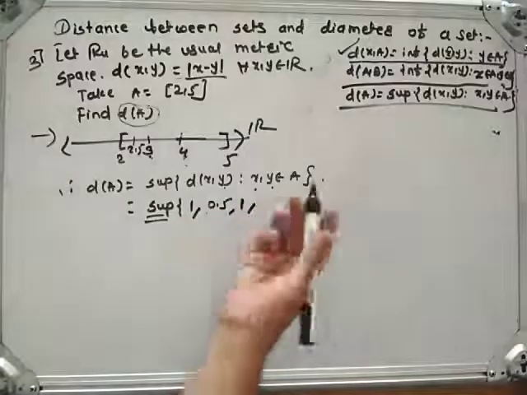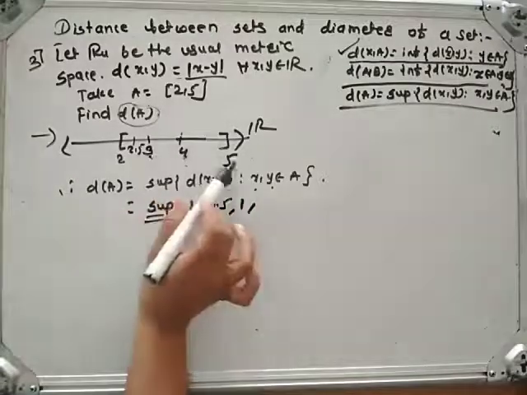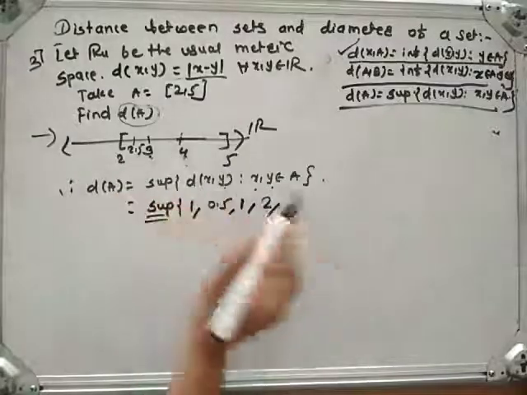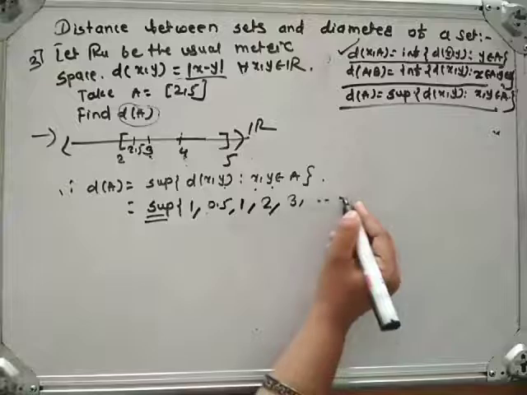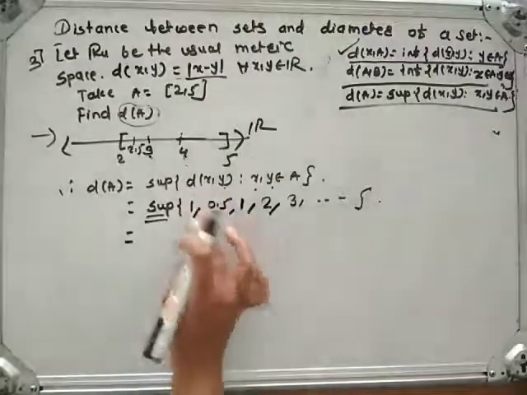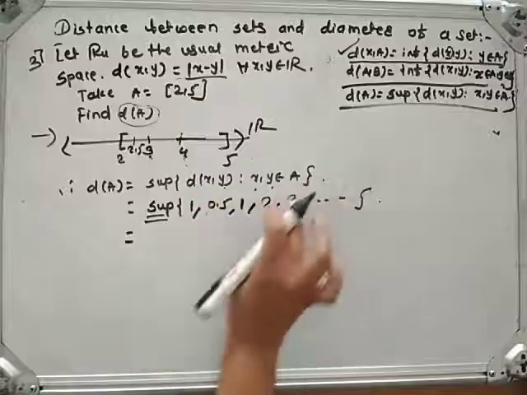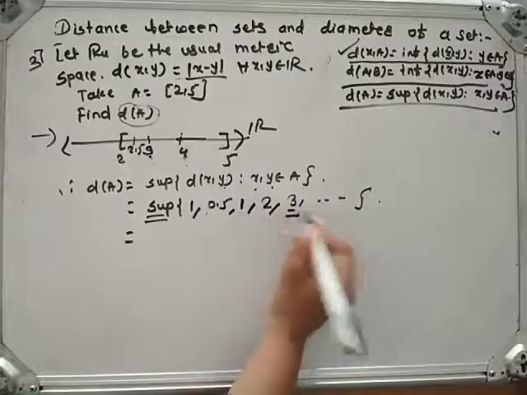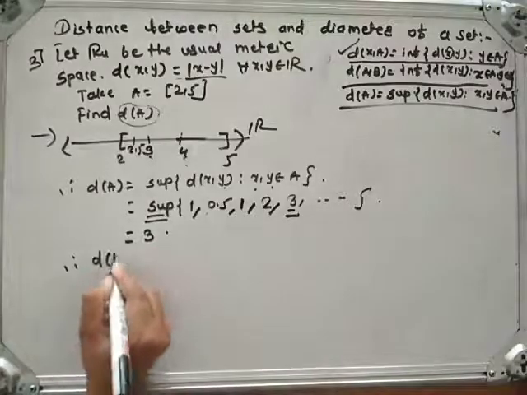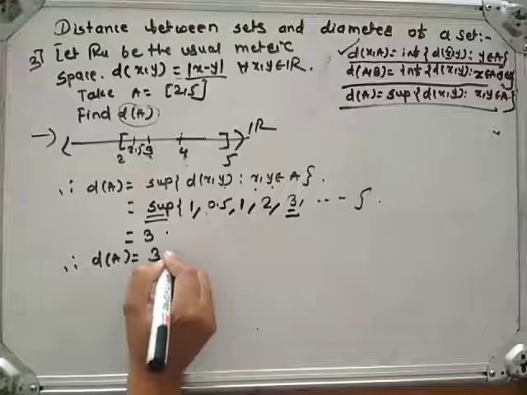The distance between 4 and 5 is again 1. The distance between 3 and 5 is 2. The distance between 2 and 5 is 3, and so on. We have to choose the maximum number among these, and obviously 3 is the maximum. Therefore, the diameter of A is equal to 3.